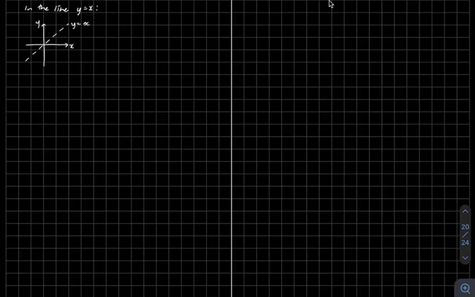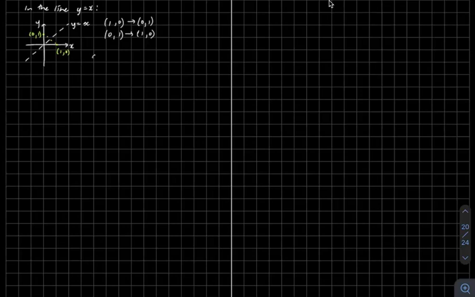So what happens then to the points 1, 0 and 0, 1? Well, I wonder if you can see that they just swap places. They get reflected across that line. They end up in the place that the other one was to start with. So the point 1, 0 ends up at 0, 1, and the point 0, 1 ends up at 1, 0.